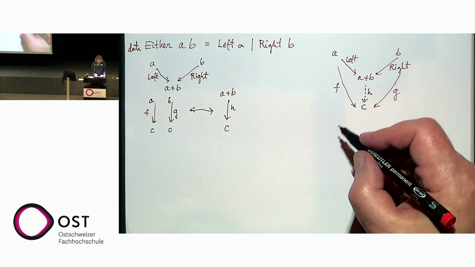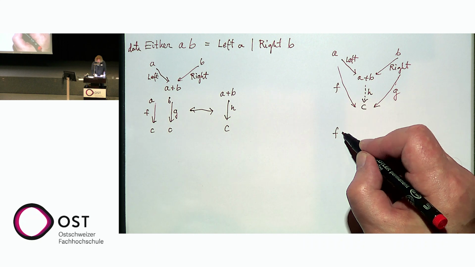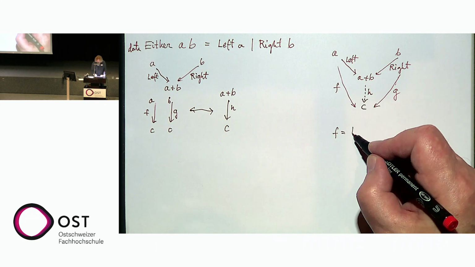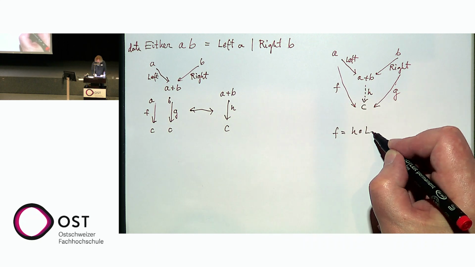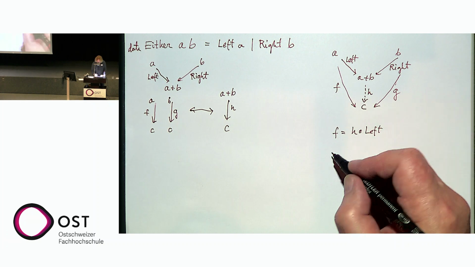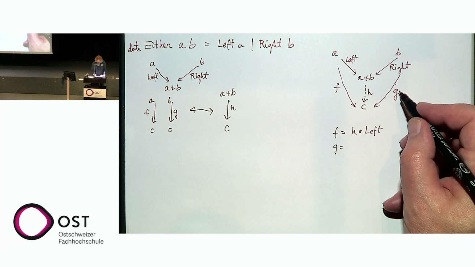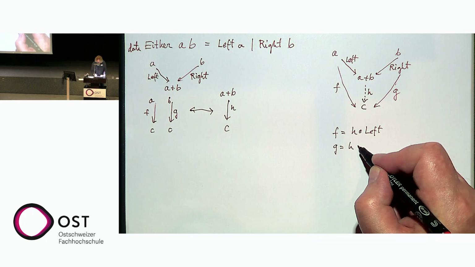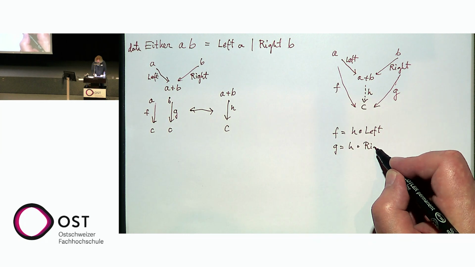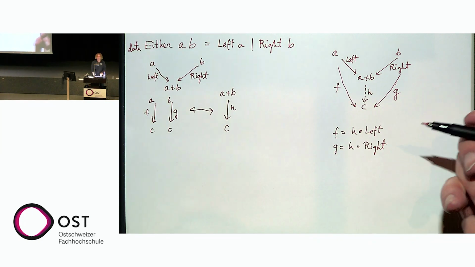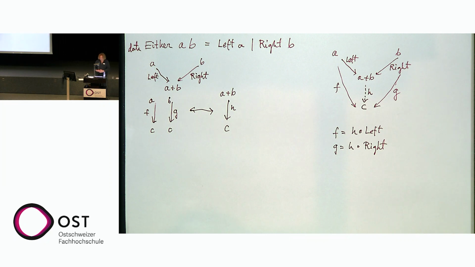If you give me an H, then I will say, well, your F is actually H after left, and your G is H after right. So you see the similarity, right? Now I'm factorizing F and G, but on the left. For the product, I was factorizing on the right. Here I'm factorizing on the left, okay?